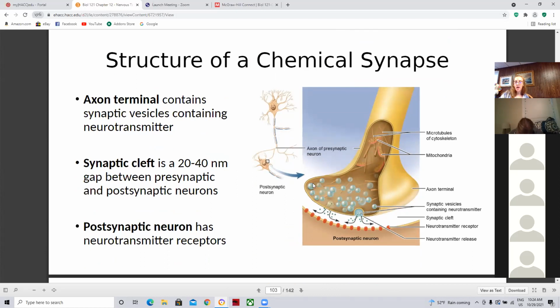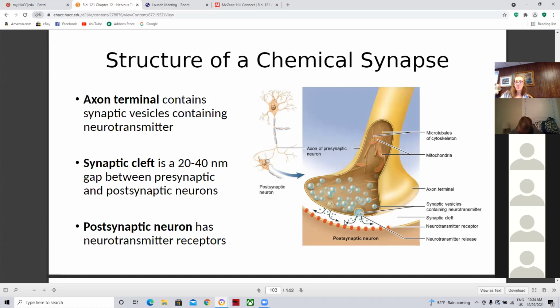A chemical synapse is where the axon terminal contains synaptic vesicles that have neurotransmitter within them. The synaptic cleft, this little gap in between the presynaptic neuron and the postsynaptic neuron, is a 20 to 40 nanometer gap.